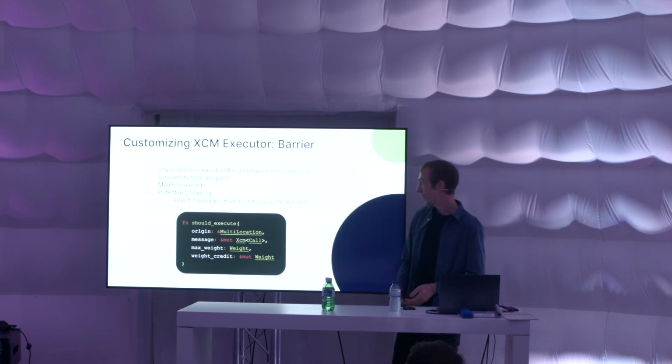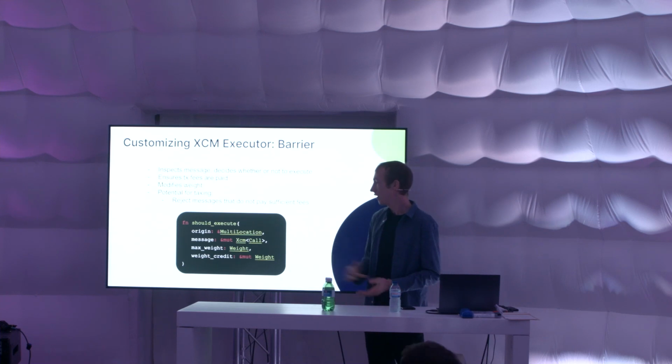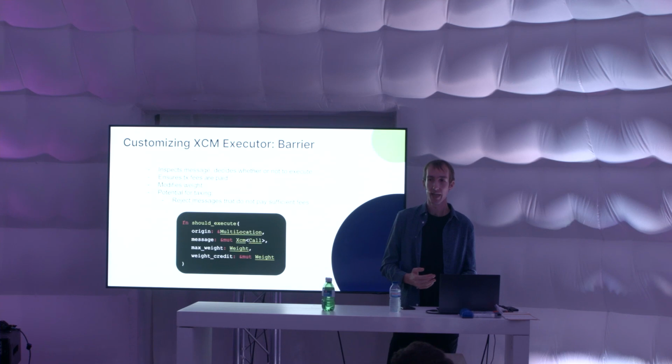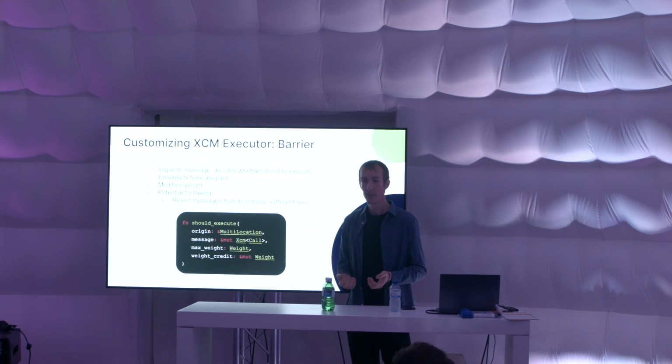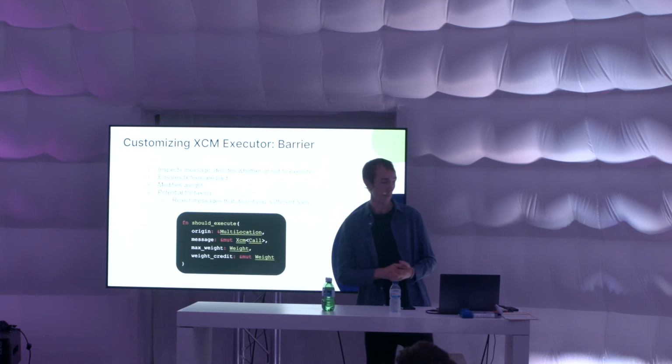The barrier is this very simple function that determines whether or not a certain message should be executed. So the standard implementation will make sure that the message contains a buy execution instruction to make sure that an attempt to pay fees is made as soon as possible.